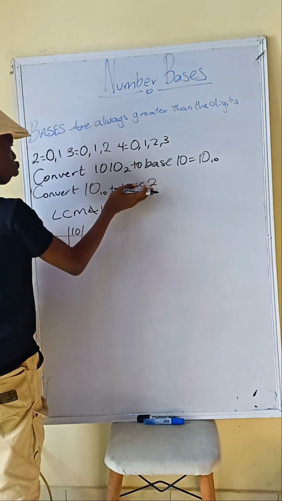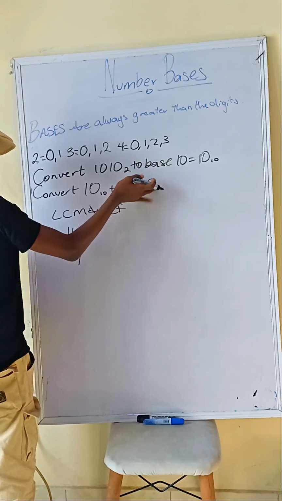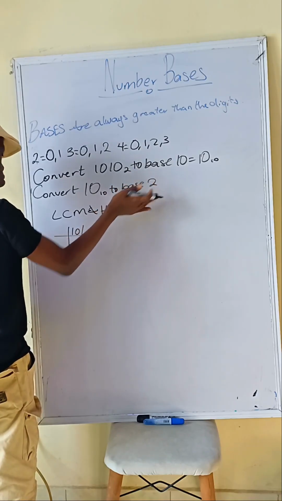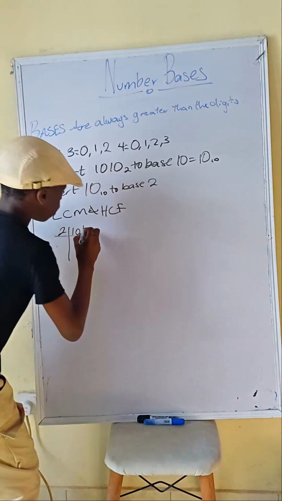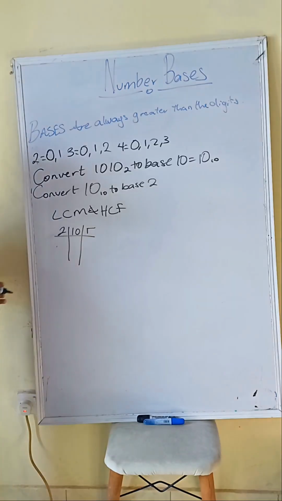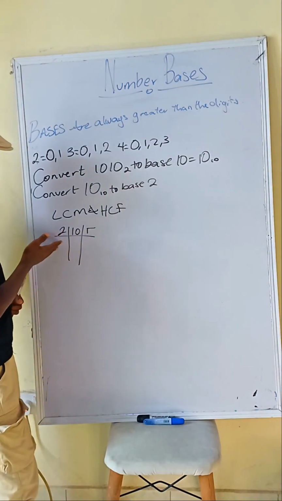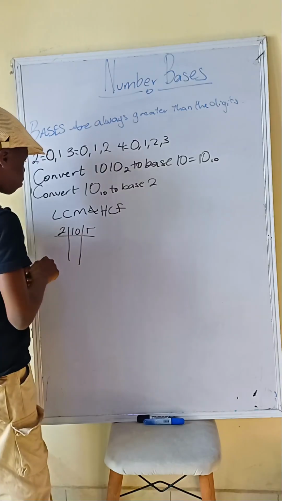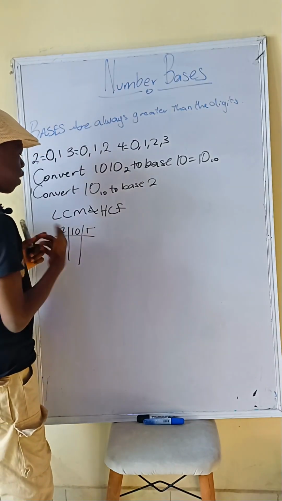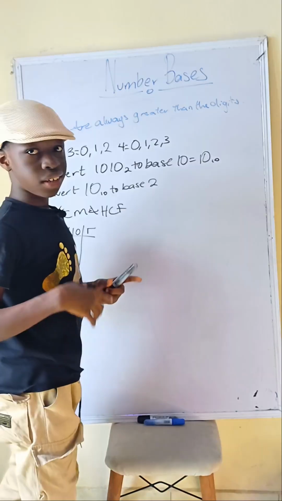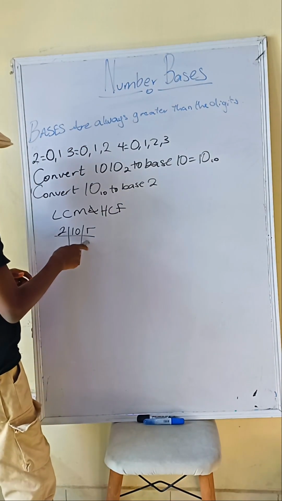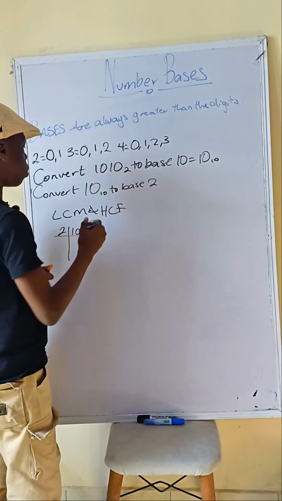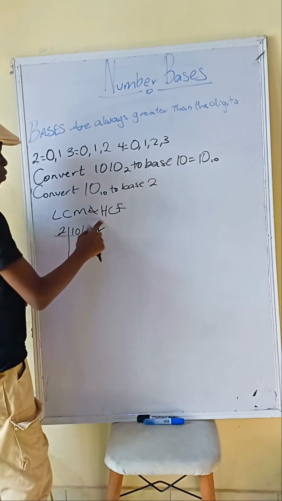This base 2, since we're converting it back to base 2, we're going to put a 2 right here. And after that, we're going to put a remainder. We put a remainder here because sometimes 2 can divide a number and give an exact result without giving any decimals. So that is why we put our remainder, and it is also the most important part.